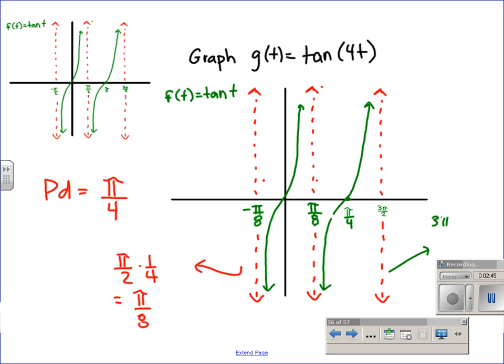We're going to take our 3 pi over 2 and divide it by 4. And in this case, we get 3 pi over 8. So there we have an asymptote at 3 pi over 8. And that gives us the graph of 2 complete cycles of tangent of the quantity 4t.